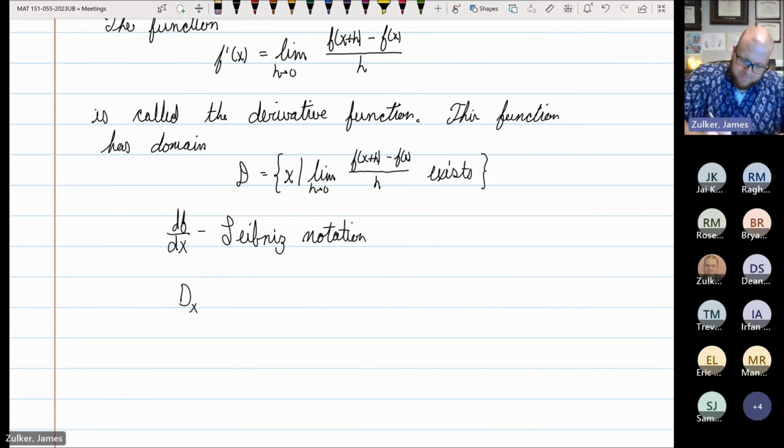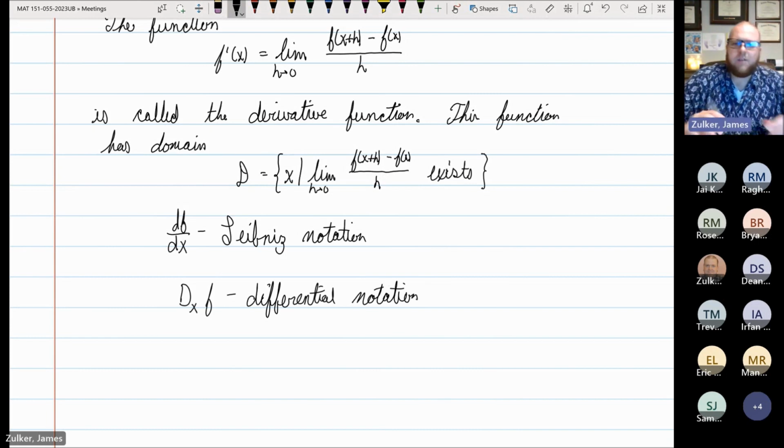We also have capital D subscript X, F. I refer to this as differential notation.